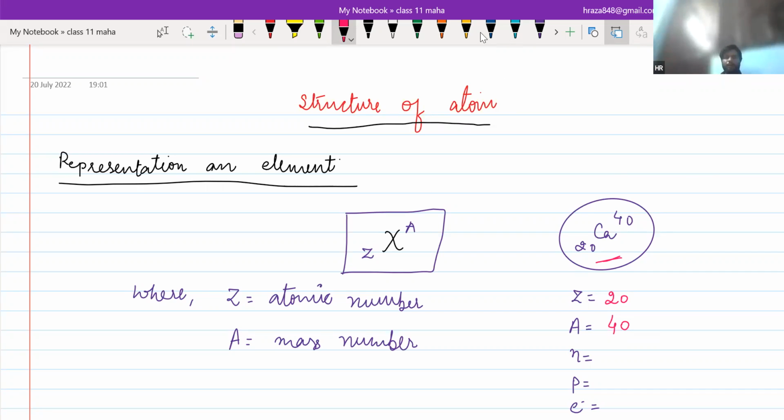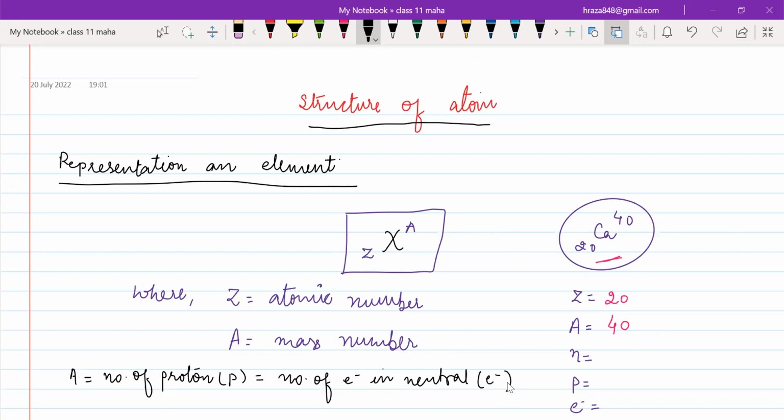See how we are going to calculate all of this. First of all, you have to remember some points: atomic number is always equal to number of proton, and it will also be equal to number of electron in a neutral atom. Why do we say in neutral atom? Because when reactions take place, electron can be lost or gained according to the situation.